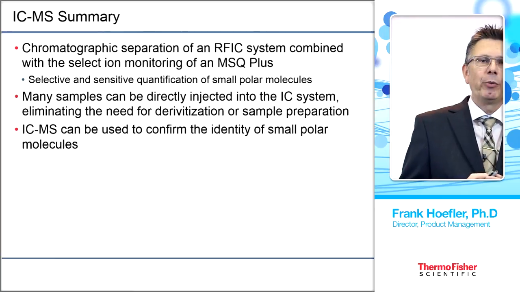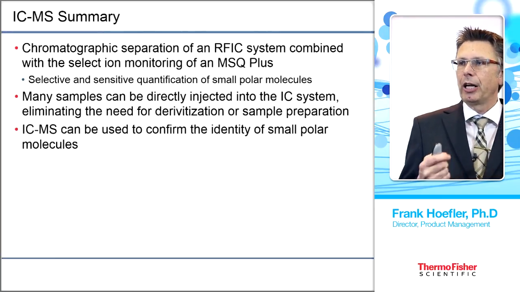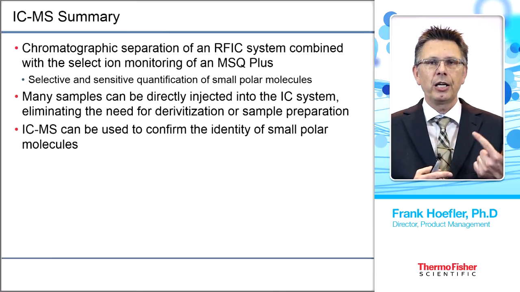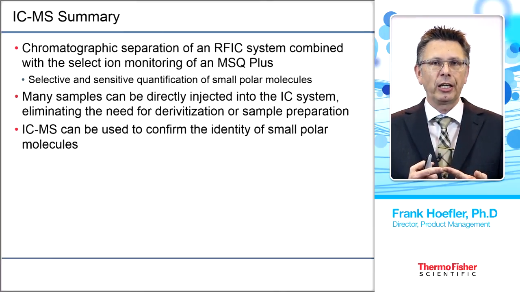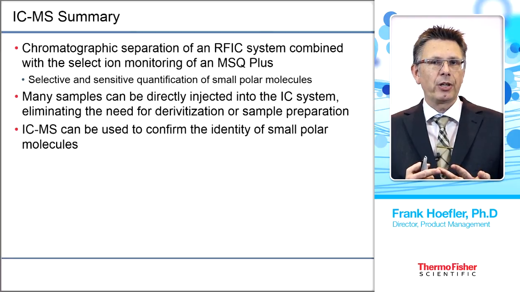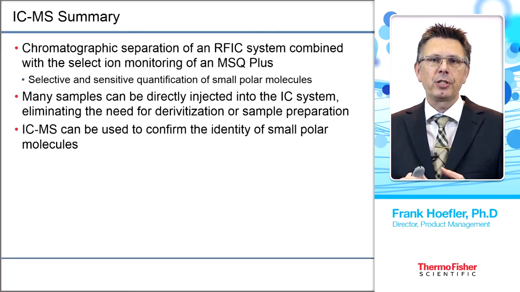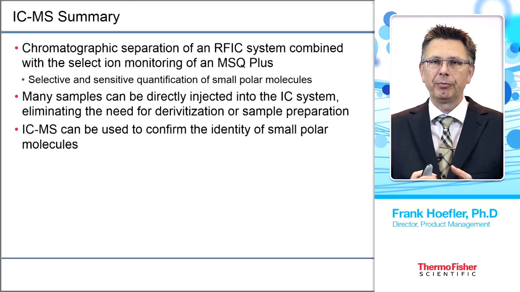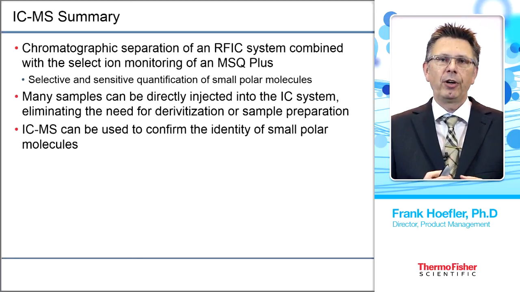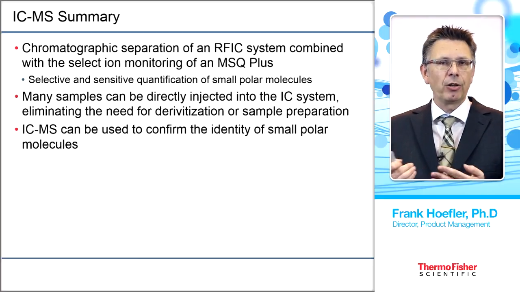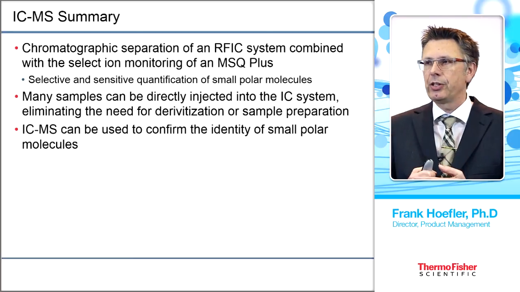So in summary, I would like to conclude that the chromatographic separation using an RFIC system with eluent generation and a continuously regenerated trap column, as well as an electrolytic suppressor, makes ion chromatography with MS detection easy and viable. We are generating very high purity eluents, which result in very low background ion contamination of the MS. We have a very good sensitivity.